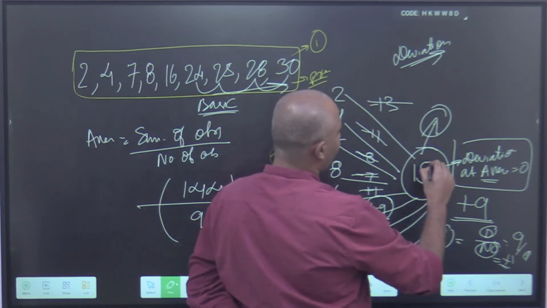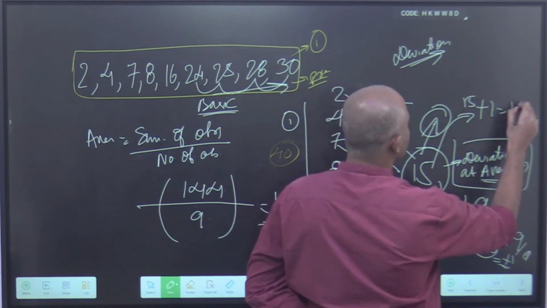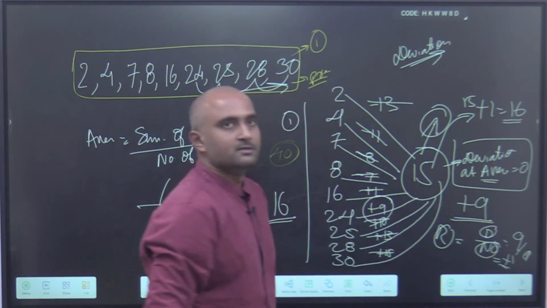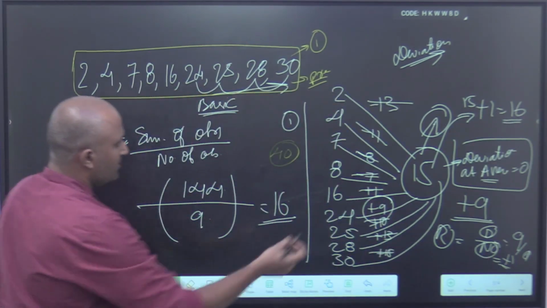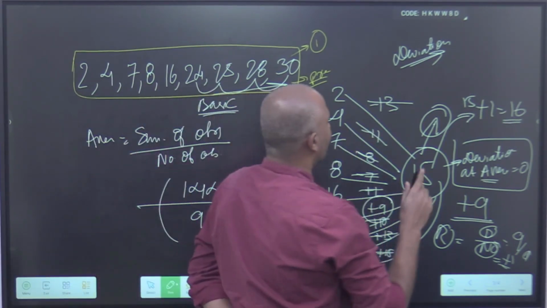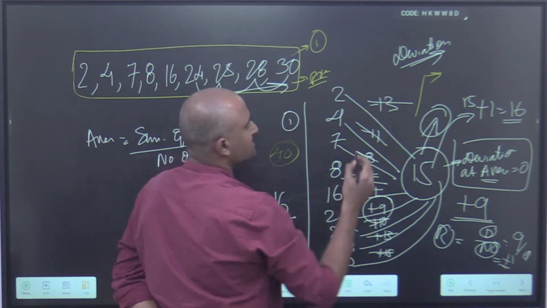So my real average is 15 plus 1, which is 16. See how simple this is. The advantage of doing this method is, first, cancellations.